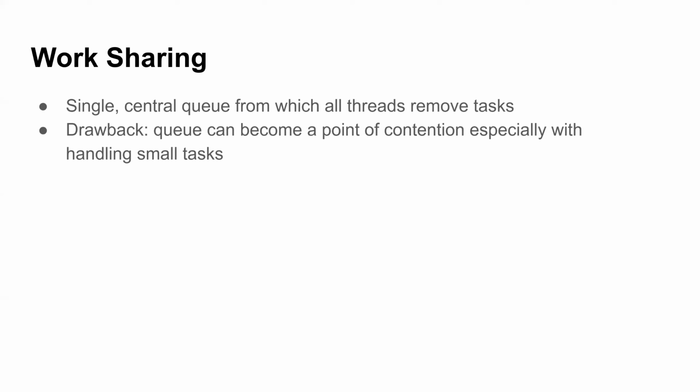Each one of your workers should have its own submission queue so that the work can be spread across more evenly. And of course, in the spec, if you've read it, you will get points taken off if you implement purely the work sharing approach. You need to implement work stealing.